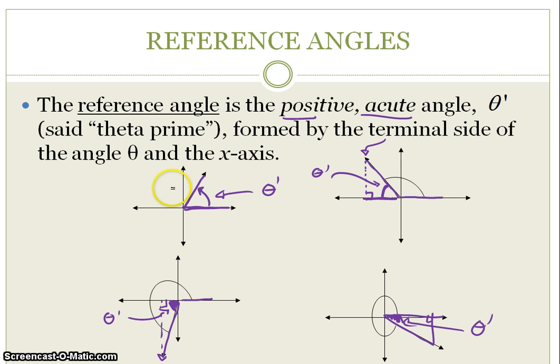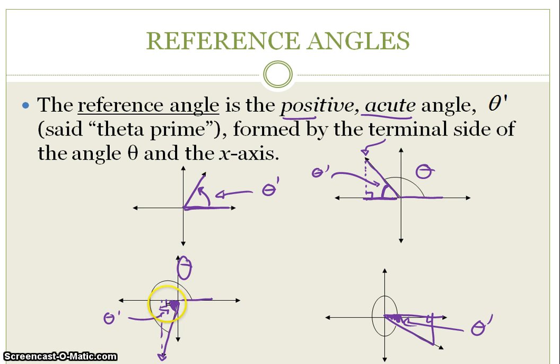So depending on where the terminal side of your angle is, if it's quadrant 1, the angle is its own reference angle. If the angle is the big one here, the obtuse one, the reference angle is the acute one here. If you have this large angle more than 180 degrees, the terminal side is in the third quadrant, so that's your big theta.